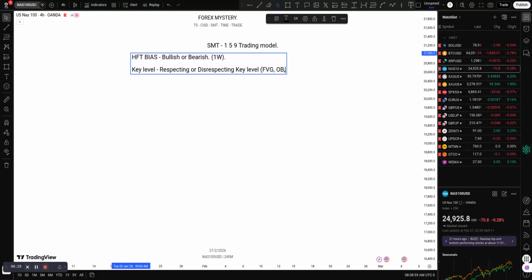There are many things I'm going to tell you about these key levels. I think I posted it on my WhatsApp communities, about some of these key levels and what they mean on lower time frames. But for now, we are just going to focus on the fair value gaps and order blocks. Those are the major key levels we have.